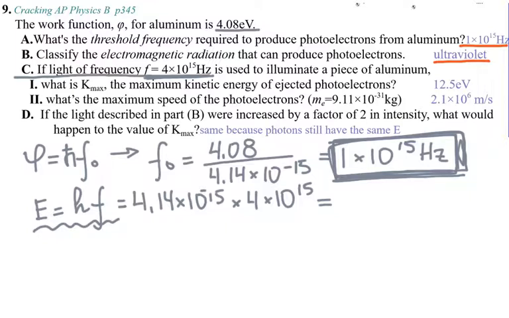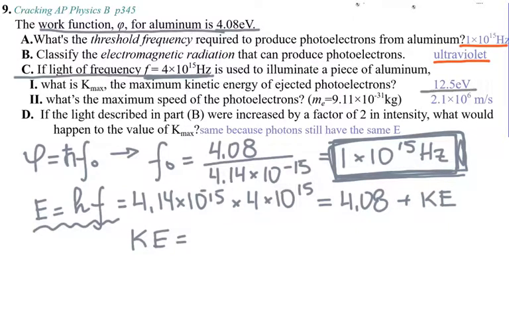One is the cut-off work energy, the work function, which is 4.08 electron volts, plus the kinetic energy that is left. So from here I see that the kinetic energy, if I do my calculations, should give me 12.5 electron volts.